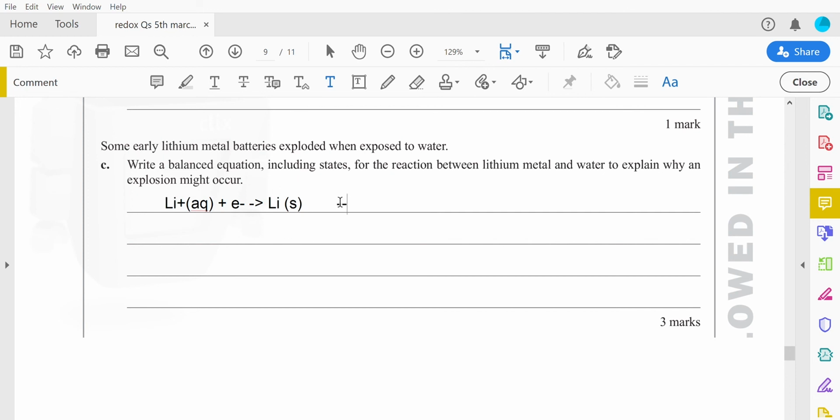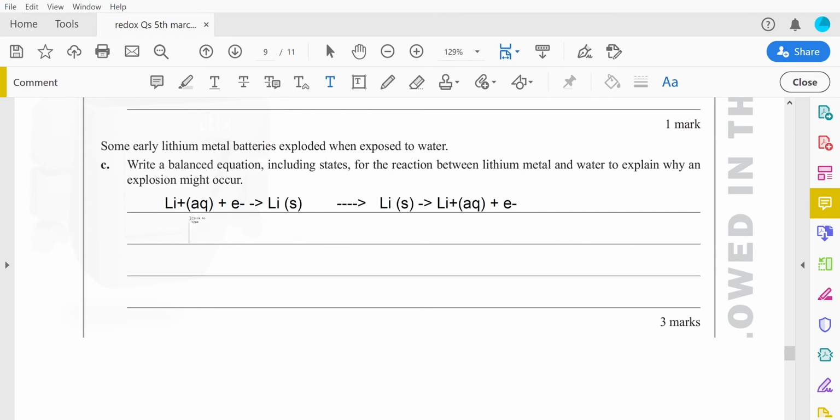So I'm actually going to write it out as lithium solid produces Li+ aqueous plus 1 electron. Okay, so that is my half equation for oxidation and for lithium.